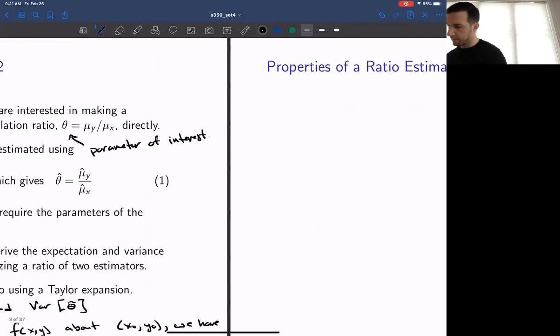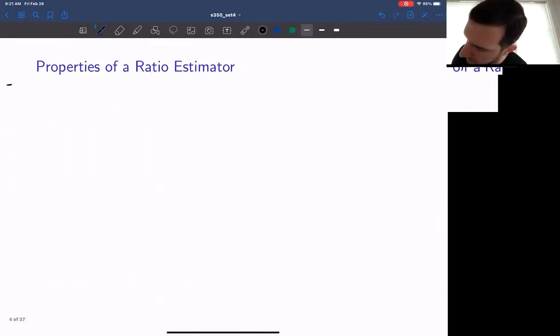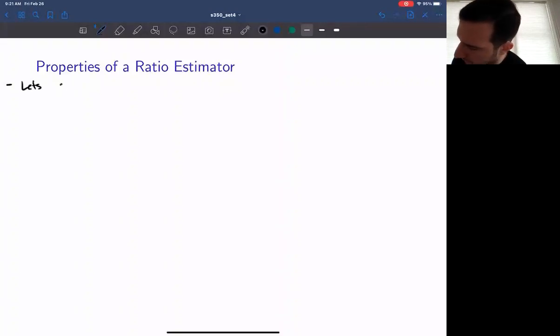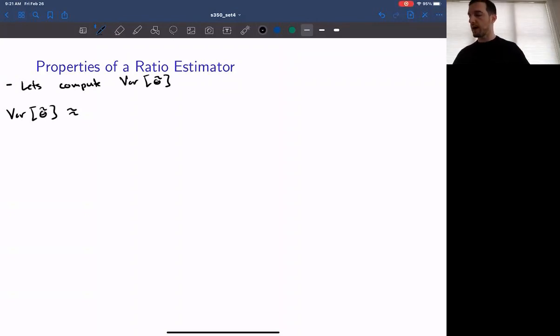All right, so let's set this up the same way I did before. Let's compute the variance of theta tilde. So we're going to have the variance of theta tilde is approximately equal to the variance of that long expression that we had from the previous slide.